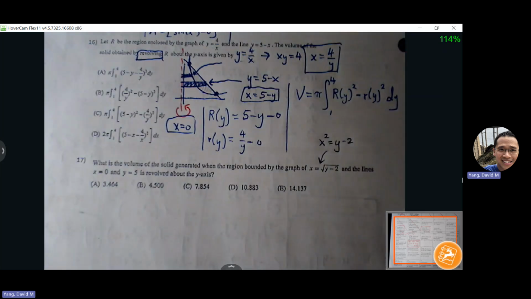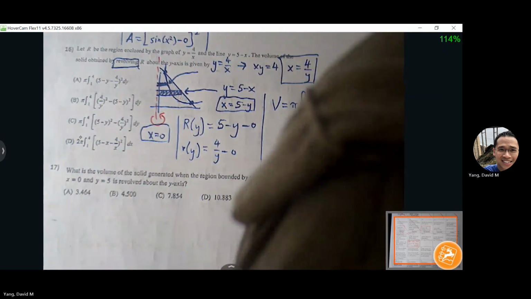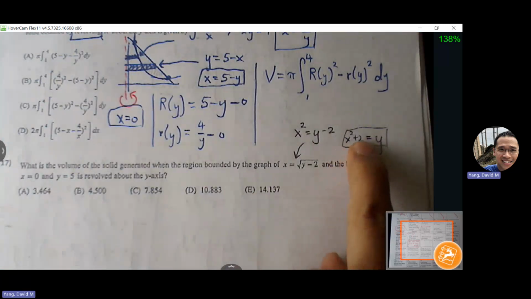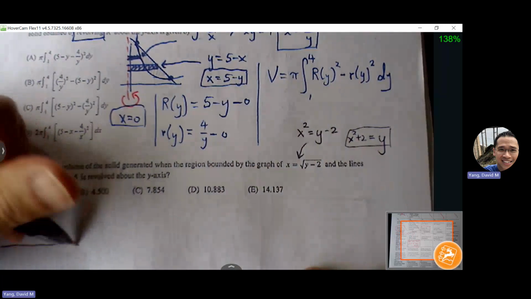So if I square both sides, I get x squared equals y minus 2. And from here, if I solve, y is equal to x squared plus 2. So this is basically a parabola opening up with a y-intercept of 2. So this is what our graph looks like.